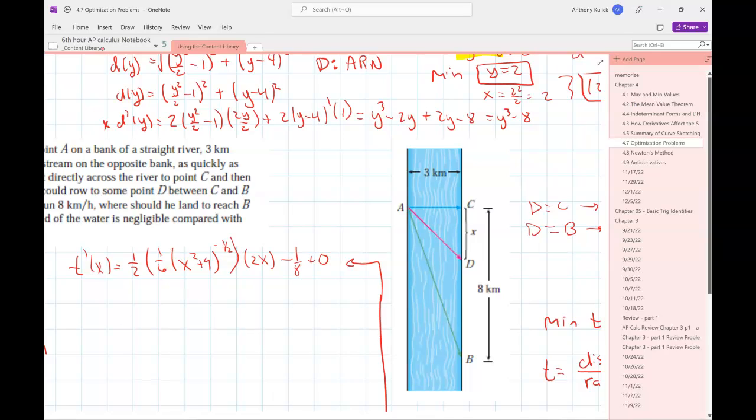Everybody's cool with that? I think it should actually be written this way, 0 minus 1/8. Okay. Any place where this can be undefined?